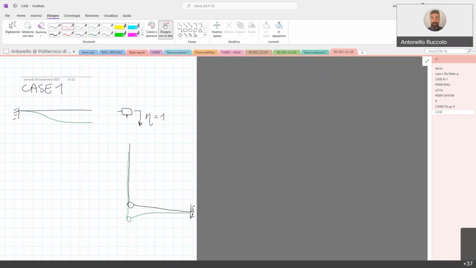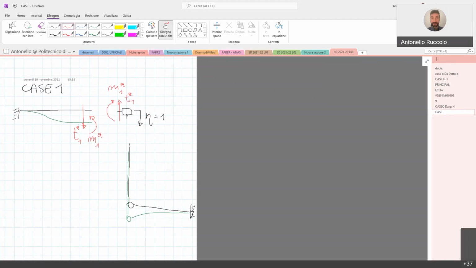So the effect on the beam of this displacement is a downward shear force, T1, because it is case 1 belonging to beam A. And then there is also this effect, M1A, T A1.